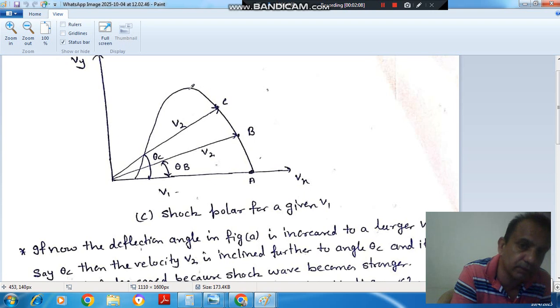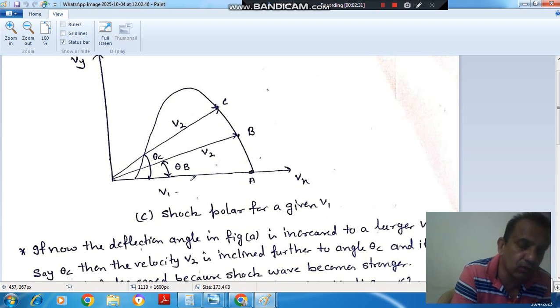For this point, this point, so all these points make the shock polar. So this OA is the condition before the shock, and all these points on this graph represent the condition after the shock for different angles. So this is called the shock polar. Okay, and this is in terms of velocity.